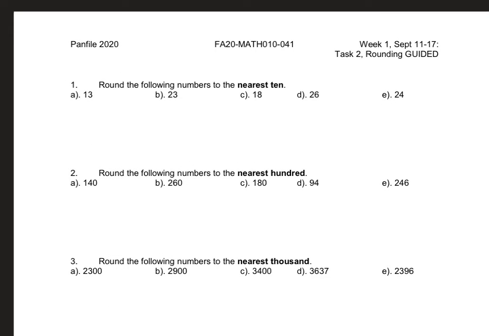So if we look at rounding, regardless of our place value for rounding, our rule stays the same. If we look at our numbers between 0 and 9, okay, 4 and 5, that's our tipping point.